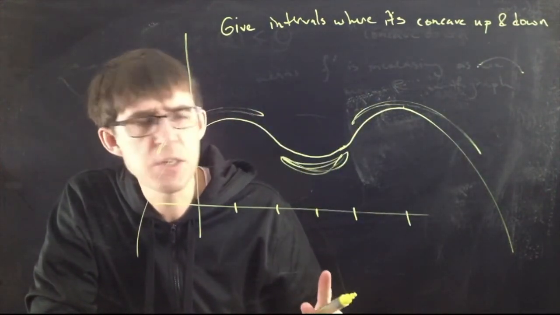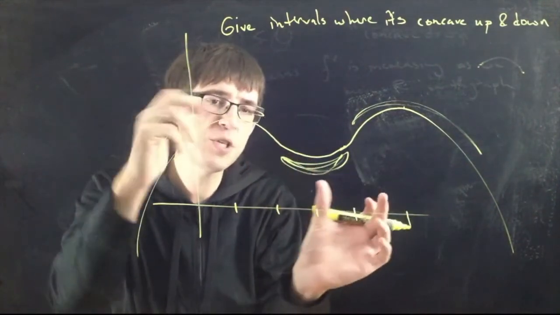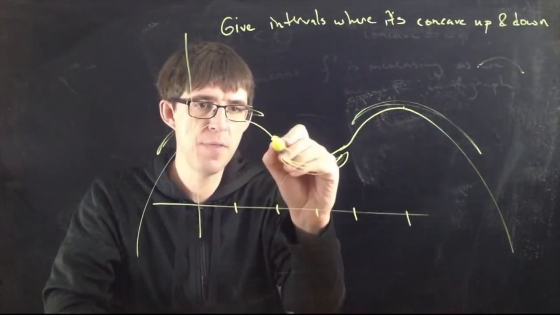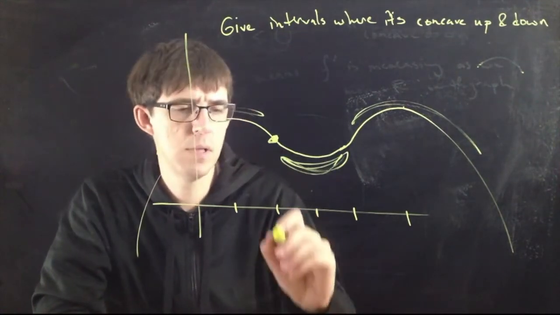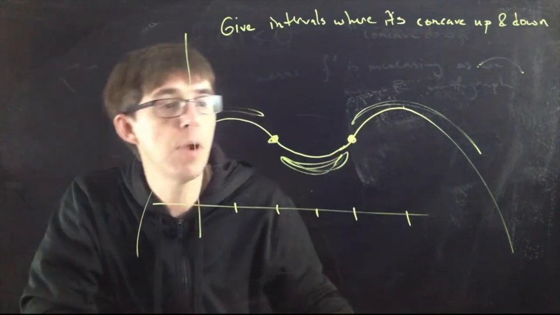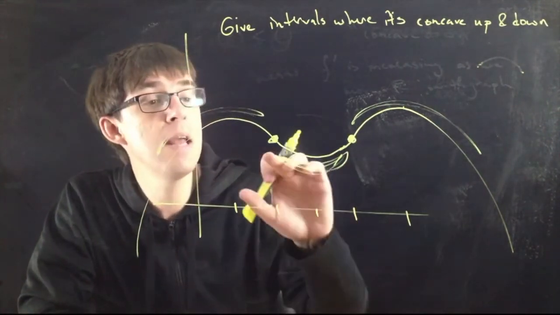There are special sort of individual points in between here where it switches from being smiley to frowny. I would say somewhere around there, maybe. I tried to make that line up with this x equals 2. And somewhere around here is another point where it switches from being a smiley to a frowny, all right? And there are names for those.